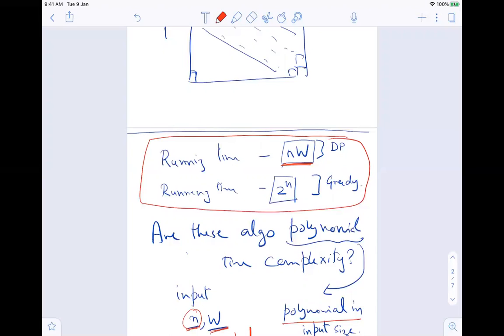In fact, we will see in maybe 2 or 3 weeks from now that you cannot have a polynomial time algorithm for knapsack. You cannot. I mean, there are some asterisks there, some conditions, but we'll come to that.